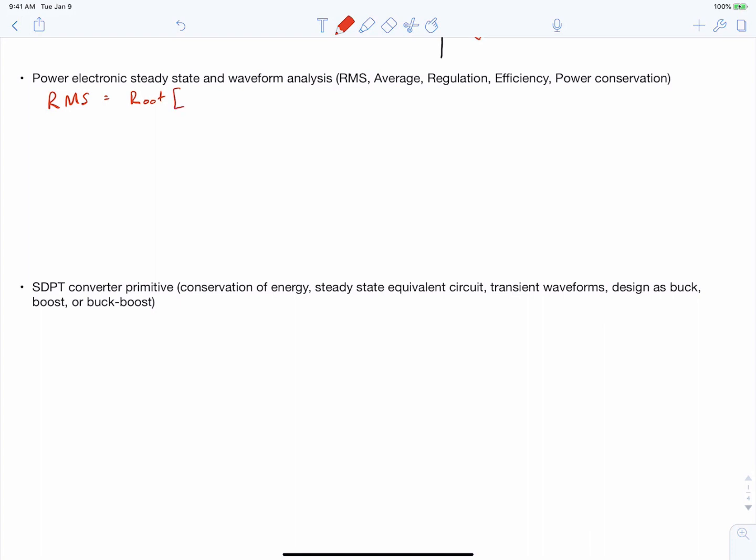So this means that we take the square root of the mean of the square of our signal. And mean is just a fancy word for average. So from this description, you should be able to write out that this is the square root of the mean of the square of our signal.